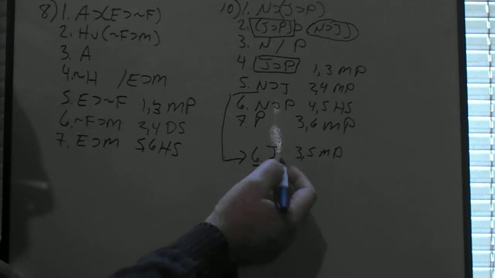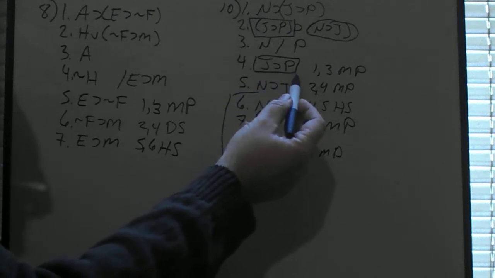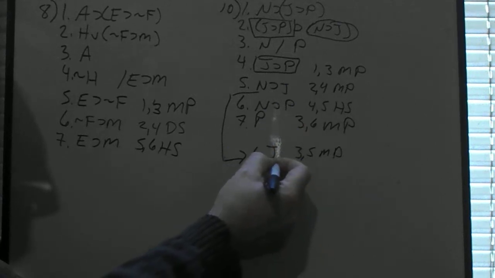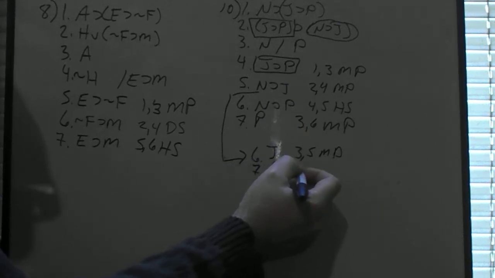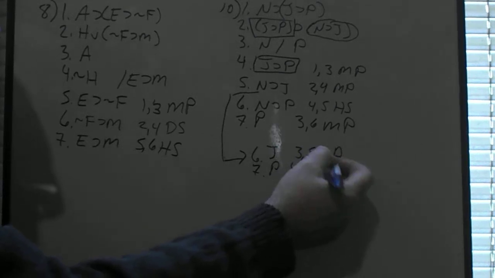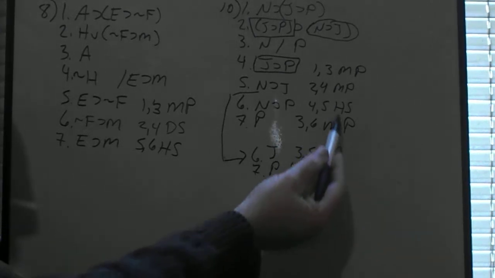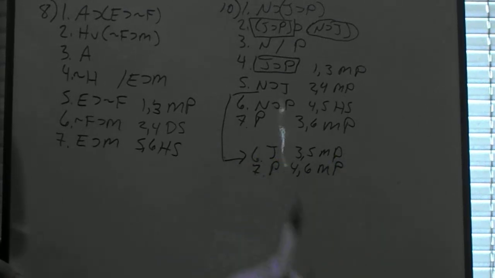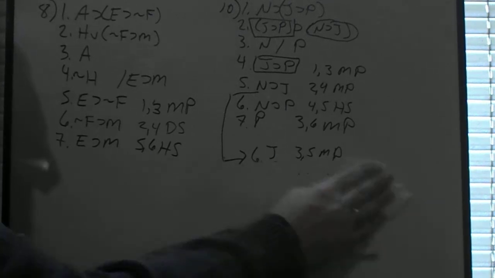And then line 4, you've got J, then P. Line 6 is J. J, then P. J, therefore P, from 4 and 6 modus ponens. So you could have done the whole thing as modus ponens without hypothetical syllogism. And the point is that sometimes there are more than one way to be able to get these equations figured out. So let's keep that in mind as we go along.